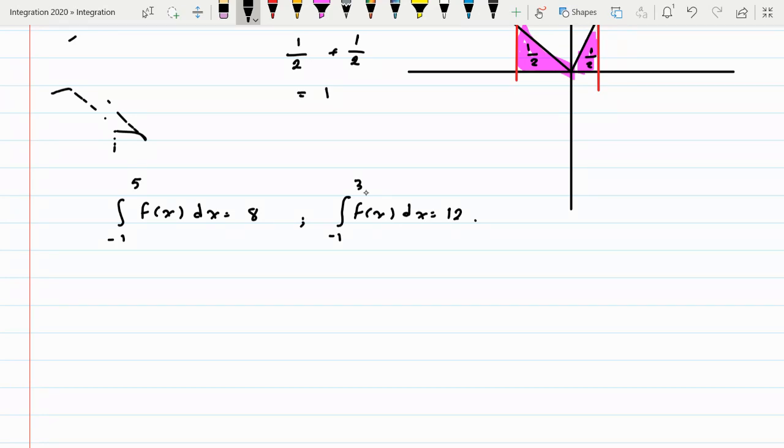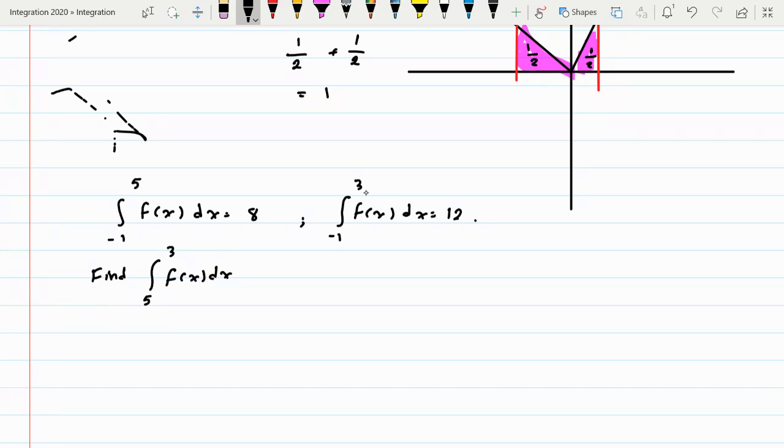My question is, find, let me make it a little bit harder, the integral from 5 to 3 of f of x dx.